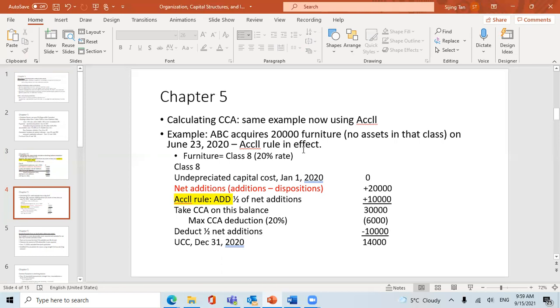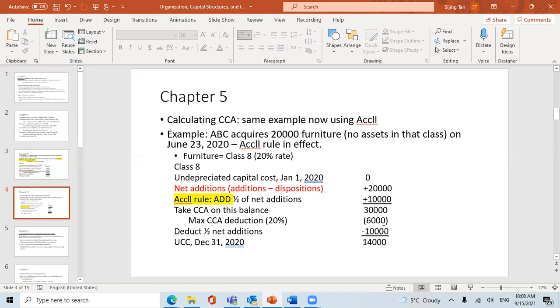Now, the accelerated investment incentive rules will add half of the net additions. So we add back $10,000 and we use this $30,000 as our CCA base to calculate the max CCA deduction. Then 20% times the $30,000, you will have a CCA max deduction of $6,000.